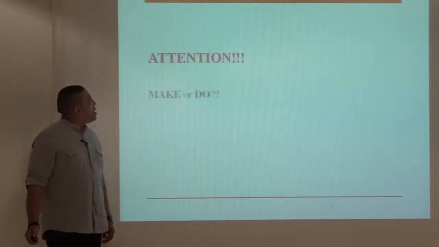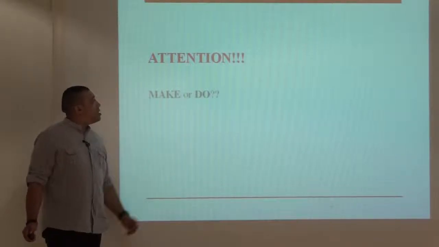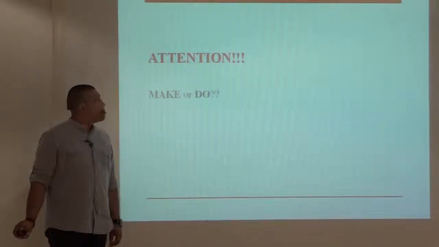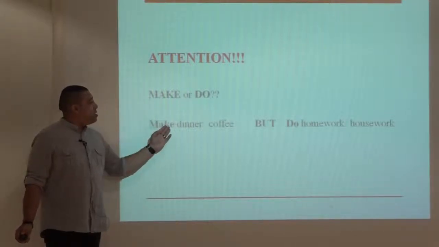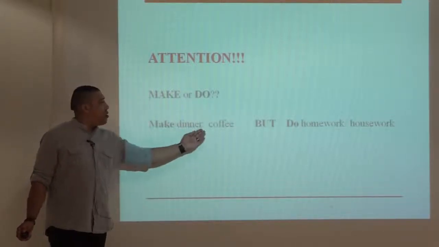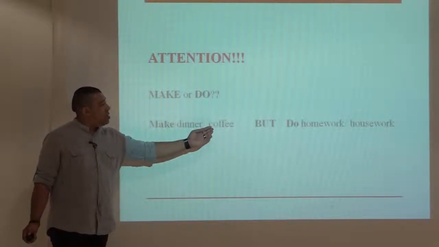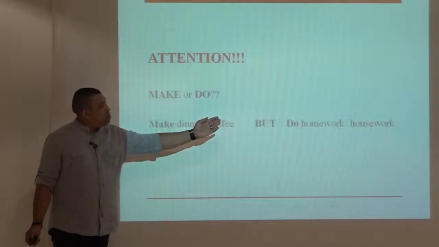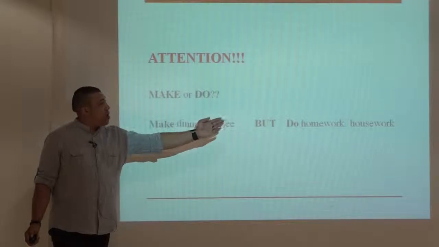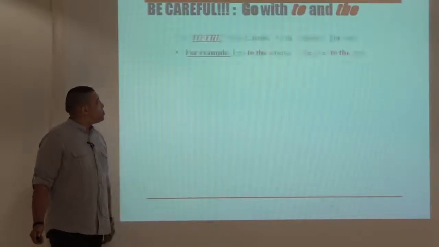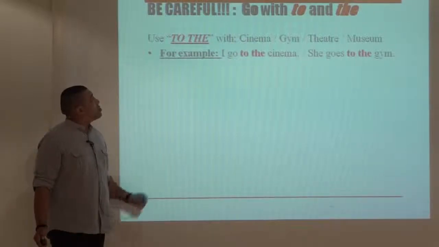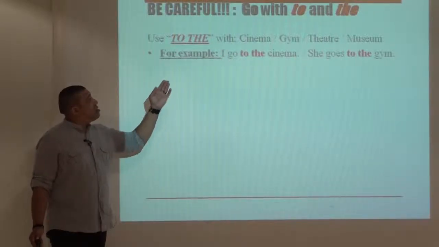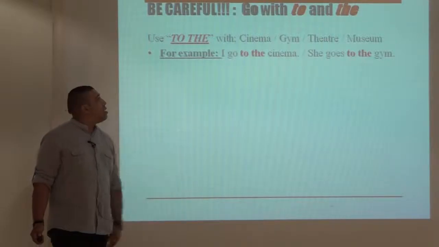Now, please be careful with using make or do verbs. We always say make dinner or make coffee, but we say do homework or do housework. Again, be careful with the words go with to and the.